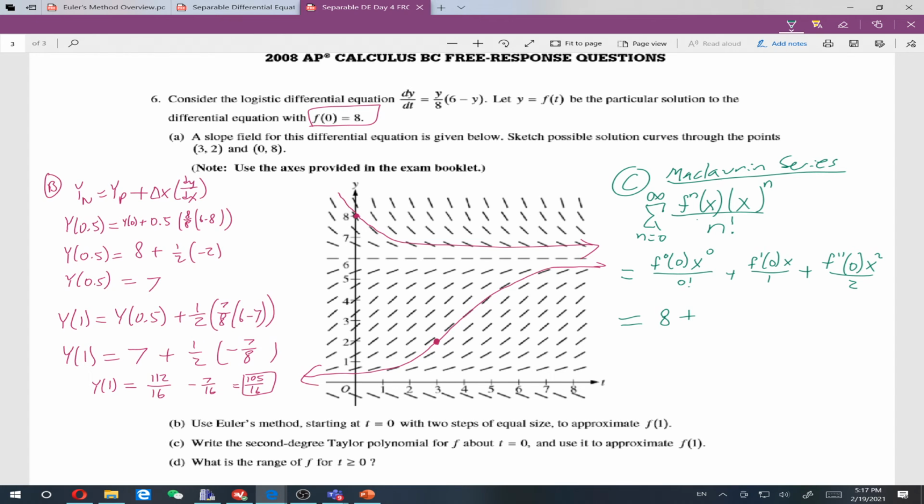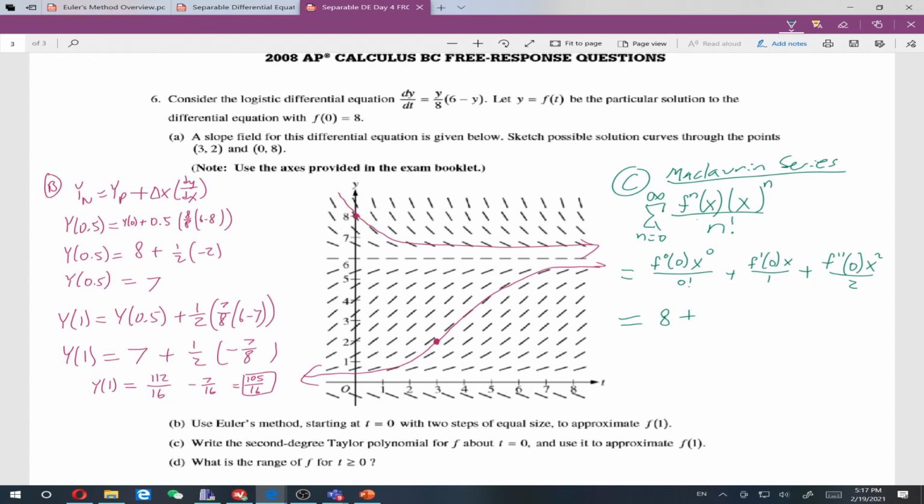What's the equation for the derivative? The dy over dt. dy over dt, okay?